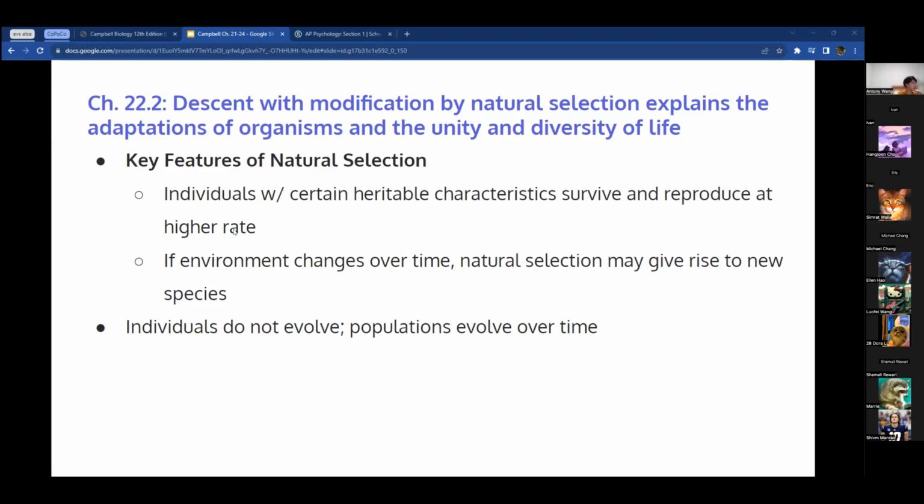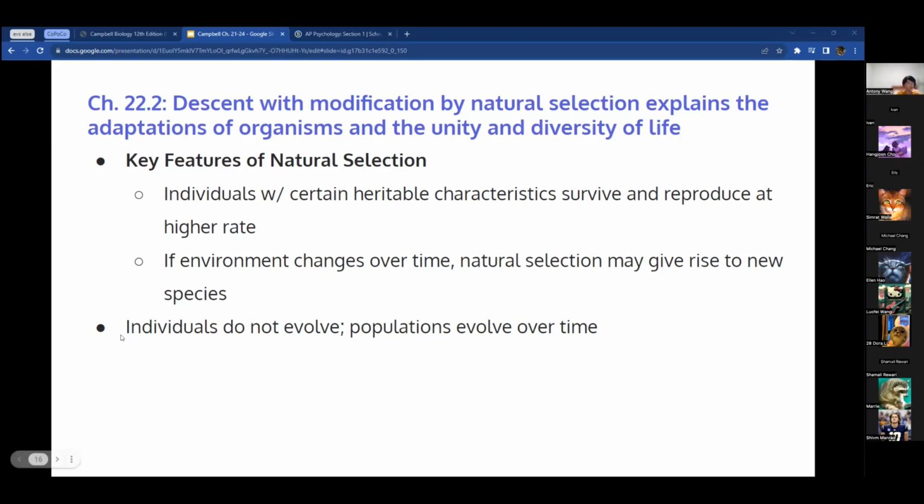Key features of natural selection: individuals with certain heritable characteristics survive and reproduce at a higher rate. If the environment changes over time, natural selection gives rise to new species. I think this is pretty straightforward. Individuals do not evolve, populations evolve over time. The definition of evolution is a change in allele frequencies.